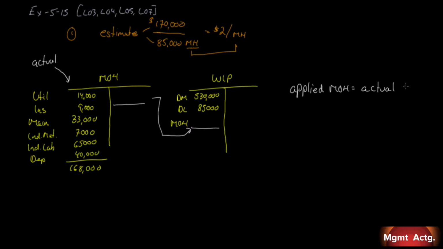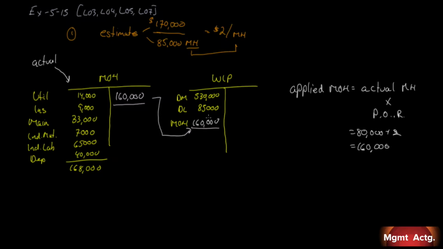Here it's machine hours, so it's our actual machine hours multiplied by our predetermined overhead rate, which will give us 80,000 times 2, and that gives us 160,000. So we'll put 160,000 here, and 160,000 enters work in process. Remember now, we're not putting our actual costs in work in process, only the applied costs. I'm going to repeat that again and again.